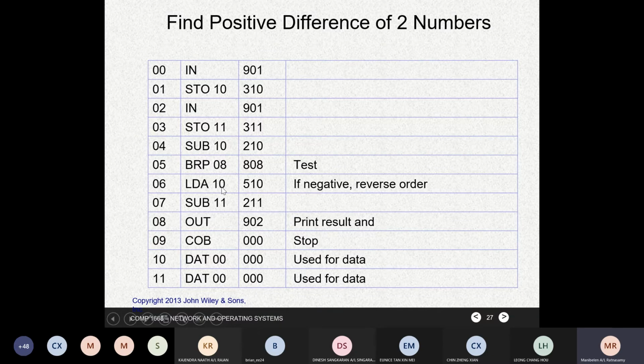And if it is negative, for example, 2 minus 4 is negative, then what you do next is output the result and you stop. Yeah, an example of how to find the positive difference of two numbers.